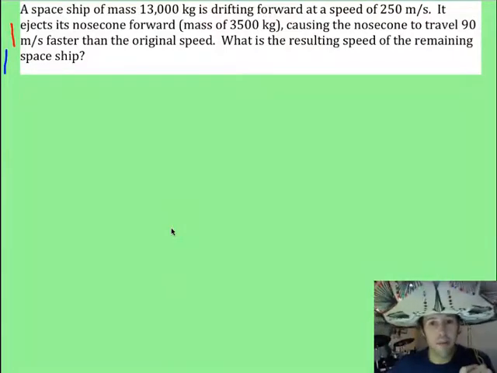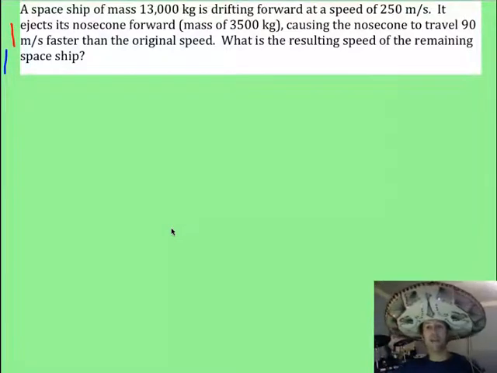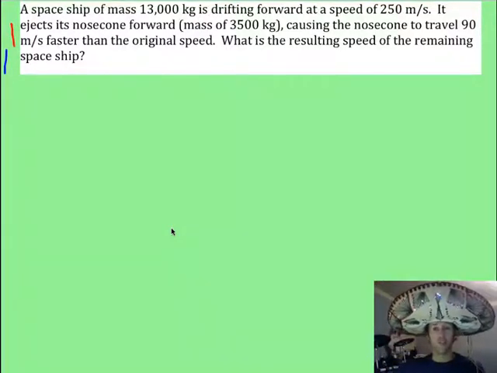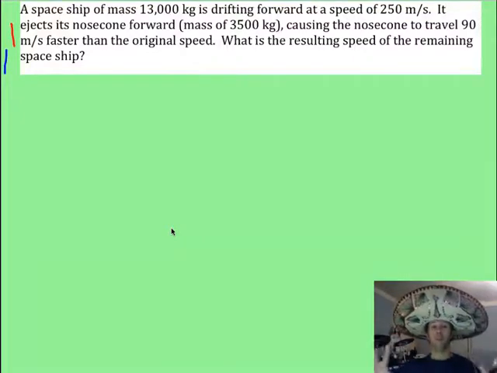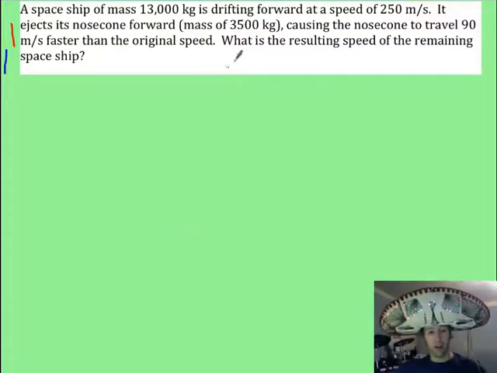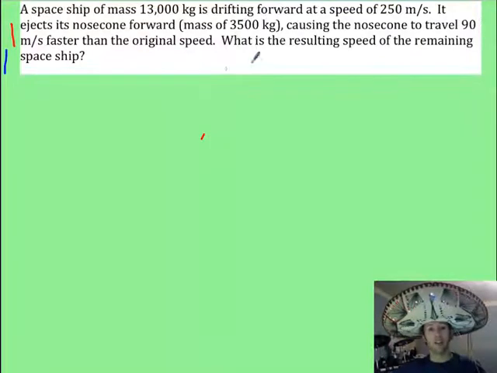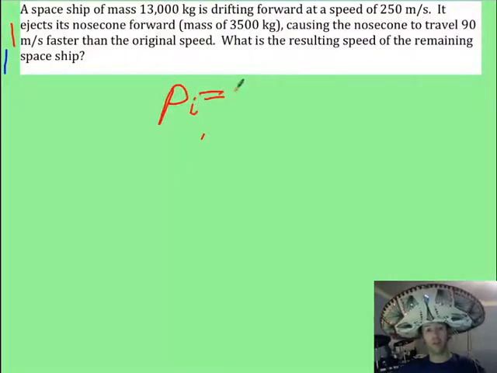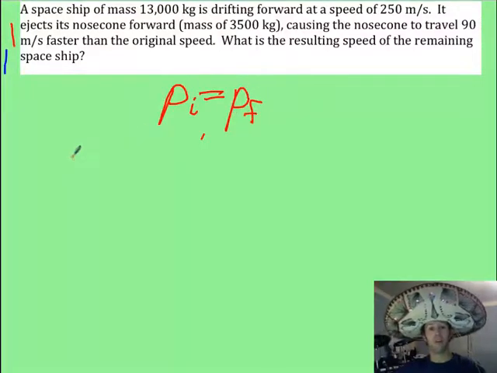Please read this problem and pause it and see if you can solve this conservation of momentum problem. Now, hopefully you have seen that it is a conservation momentum problem because there are no external forces acting on it, and all conservation momentum problems can be started by saying that initial momentum equals the final.